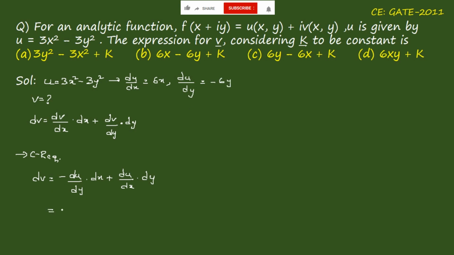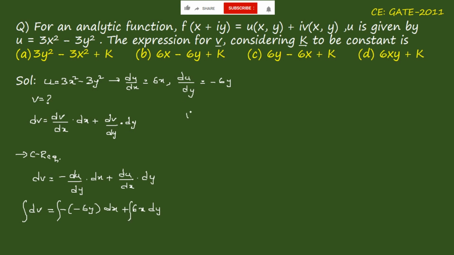Substitute here: minus of, this one is minus 6y, into dx plus du by dx is 6x into dy is equal to dv. We'll be integrating it to get the actual value.